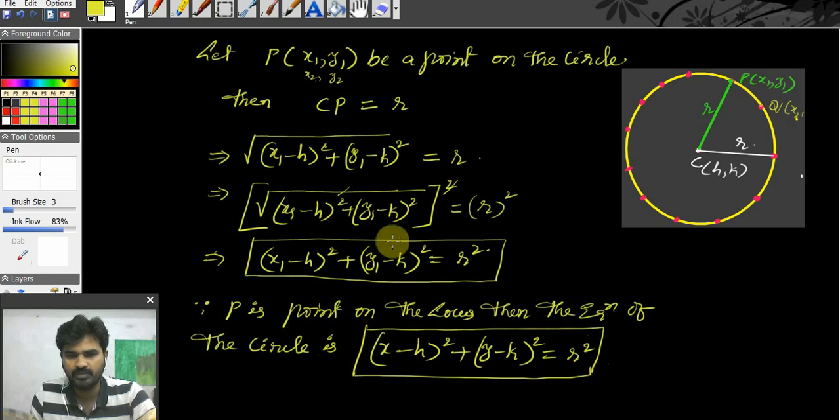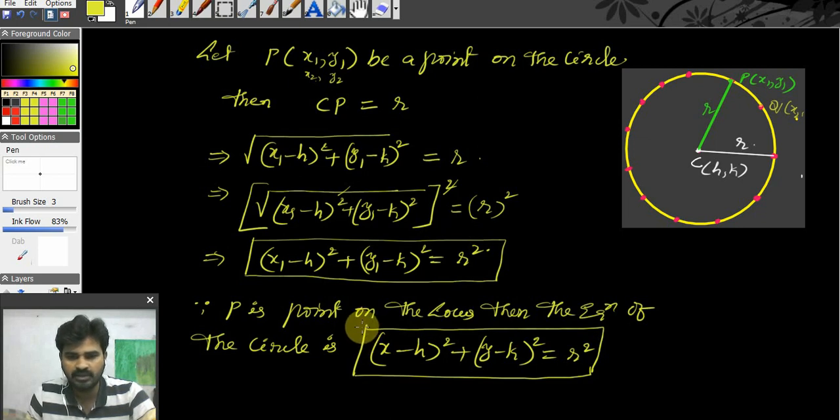The most important equation here is the first formula of the circle: (x minus h) whole square plus (y minus k) whole square is equal to r square. This is the very basic concept to find the equation of the circle.